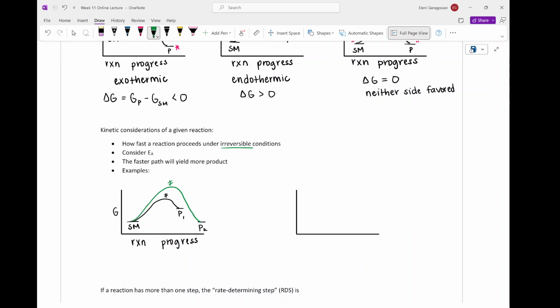So now we're thinking about which product is made faster. The product made faster is the product with lower required activation energy. So for this example, the green path has higher activation energy, so it is the slower path.